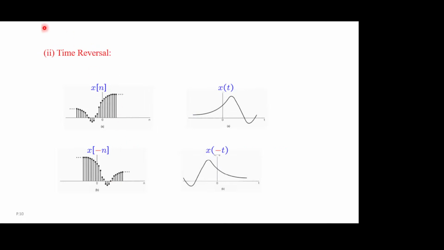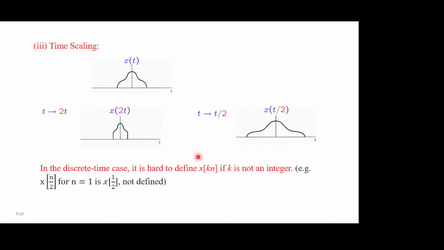Time reversal means you add a minus sign on the time variable, and you will flip the signal left and right around the time equals 0 axis, like this. And there's time scaling, that is you multiply time by a number, and you will either squeeze or stretch out your signal, once again around the time equals 0 axis.